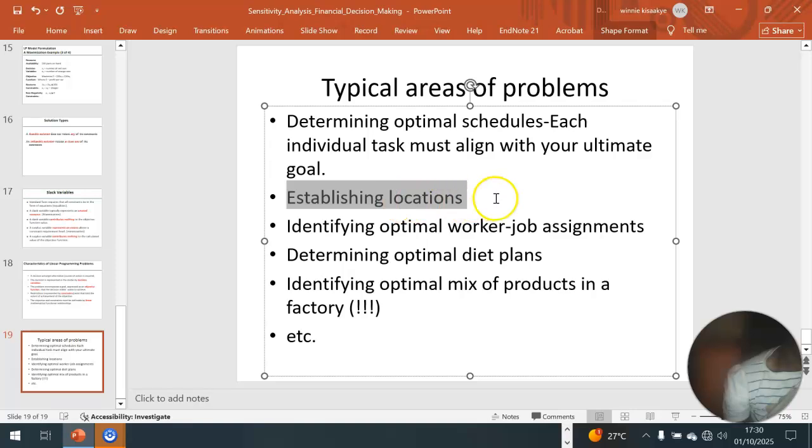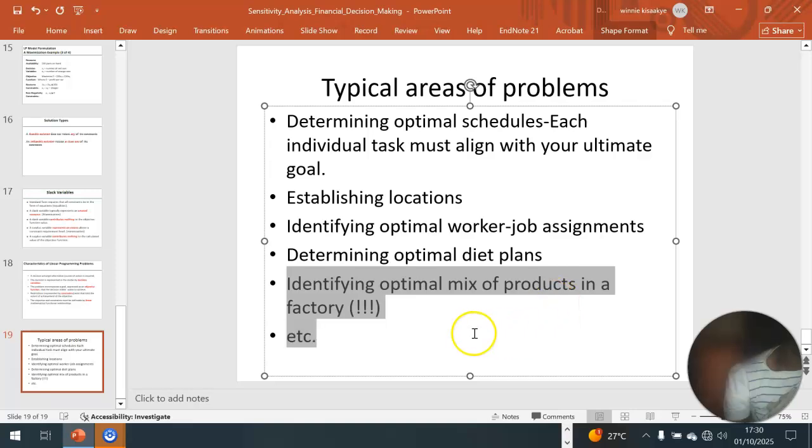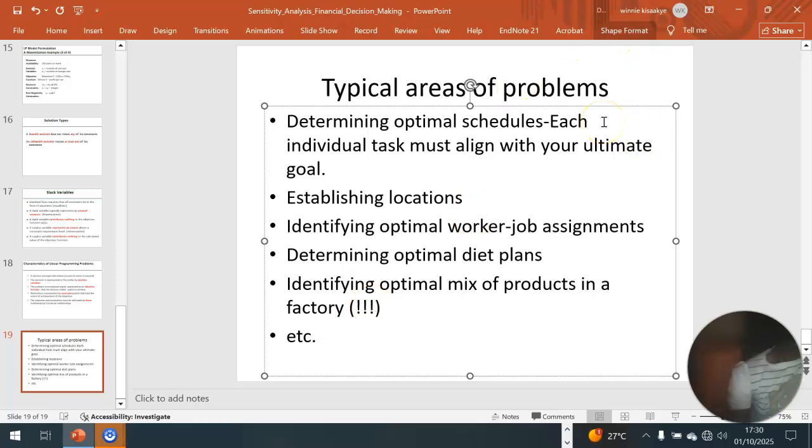Establishing locations of a particular business, identifying optimal work job assignments, determining optimal dietary plans, identifying the optimal mix of products in a factory, and so on. So having understood and formulated a foundation about Solver, let's see how it works.